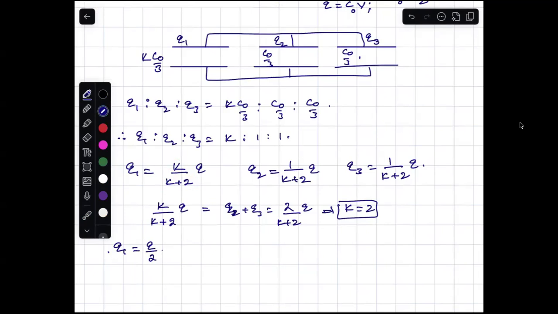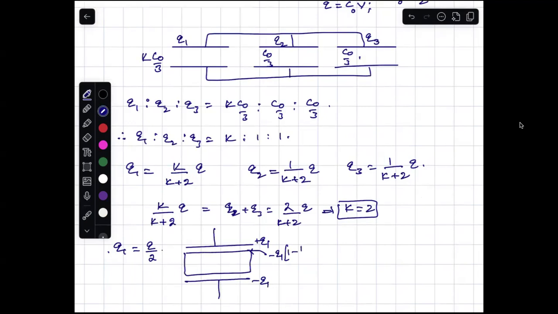Now you focus here. Now this is plus Q1. This is a minus Q1. So what is going to be the charge here?